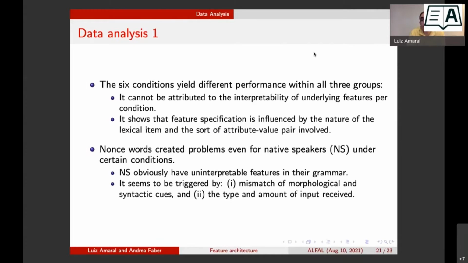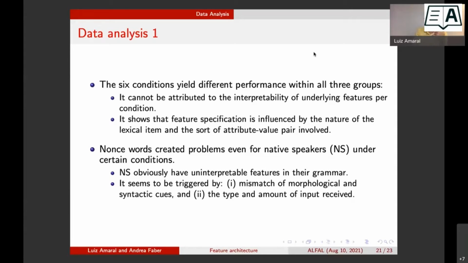Nonce words created problems even for native speakers under certain conditions, and since native speakers obviously have uninterpretable features in the grammar, we cannot say that it's due to uninterpretable features, right? So one explanation is that it seems to be triggered by the mismatch of phonological and syntactic cues, plus the fact that the type and amount of input received was not enough.